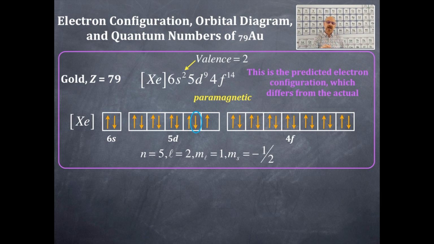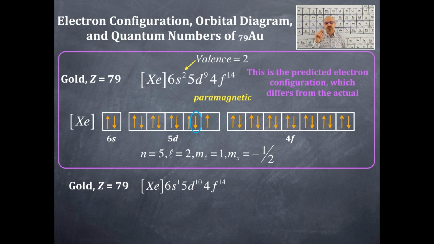Okay, so what's happening is that in the 6s2 for gold, one of those electrons is going to drop down into the 5d9 to completely fill up the 5d9 and make it a 5d10 and then have a 6s1. And that's what we're going to have right there.